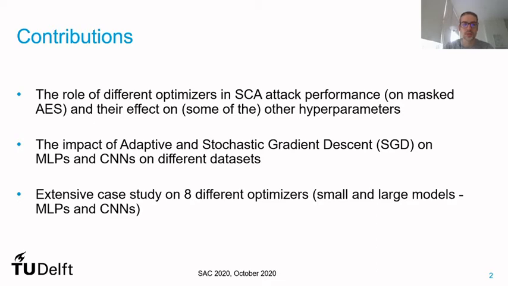Also, we investigate the impact of two different groups of optimizers, adaptive and stochastic gradient descent optimizers, on multilayer perceptrons and convolutional neural network architectures on different datasets. So this work provides a very extensive case study of 8 different optimizers on large and small MLPs and CNNs.